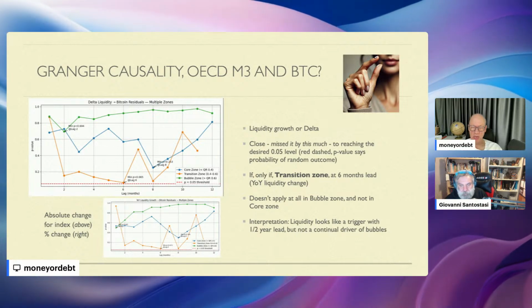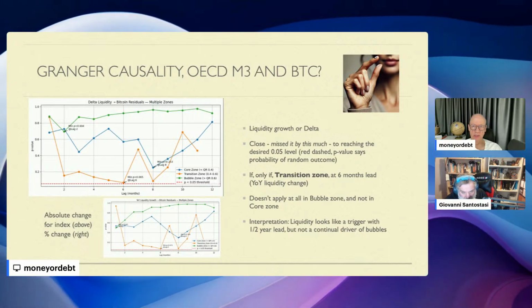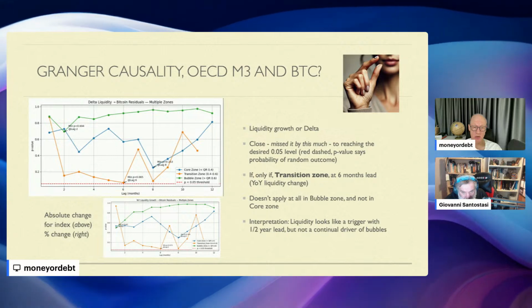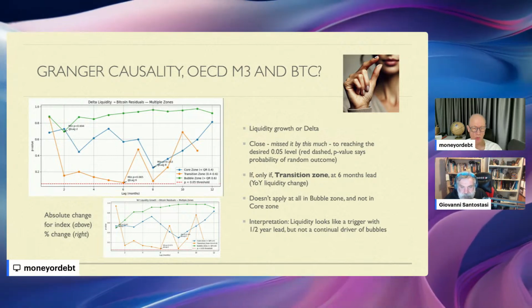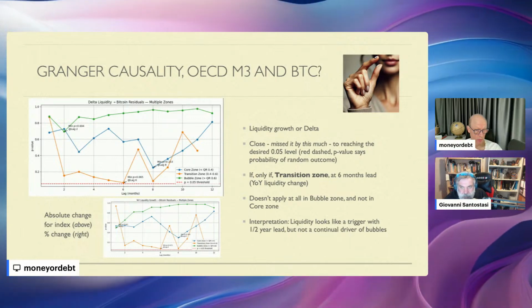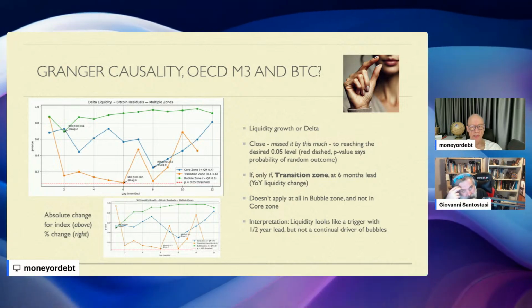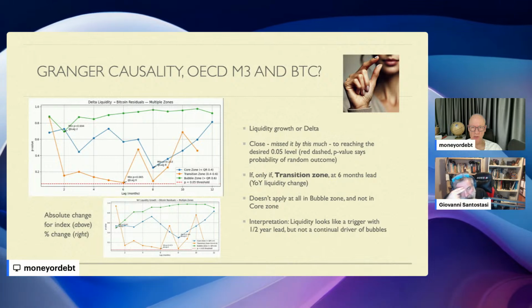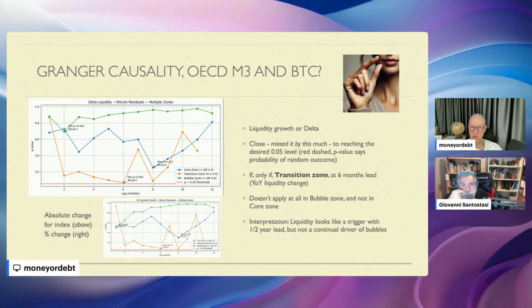So in this upper plot, we have the change in liquidity, which is year over year, and the Bitcoin log 10 residuals. That's after I subtract the power law. What are the residuals in relative terms, log 10 terms? And you can do it in percentage terms. It's not going to look qualitatively very different. But that's what I chose here.